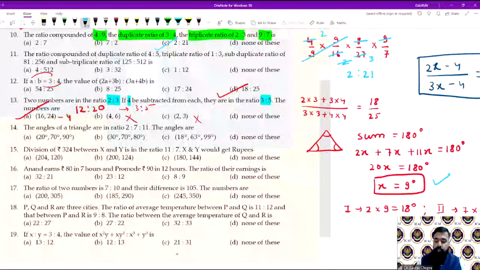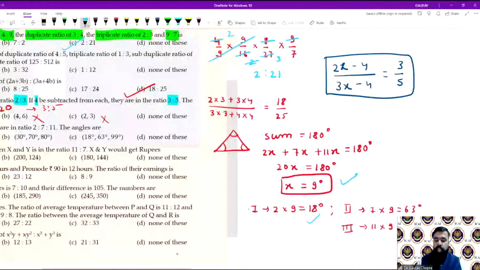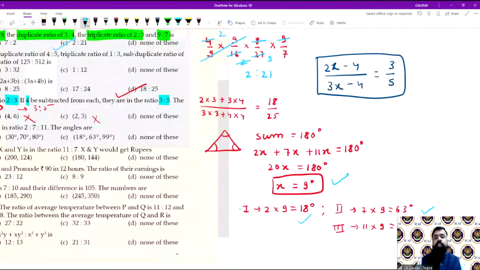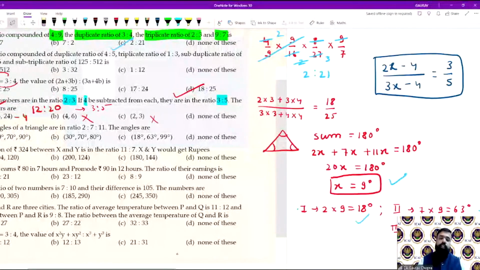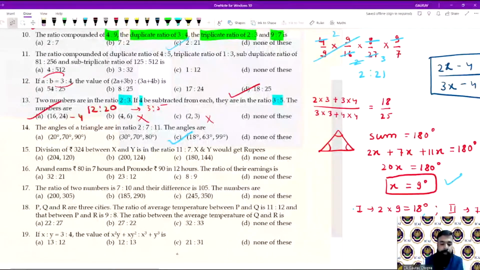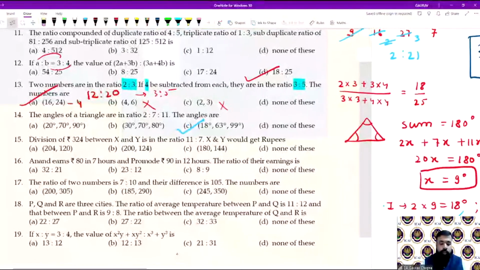And with this, we have calculated all the three angles as 18, 63, and 99. Option number C. This was question number 14.